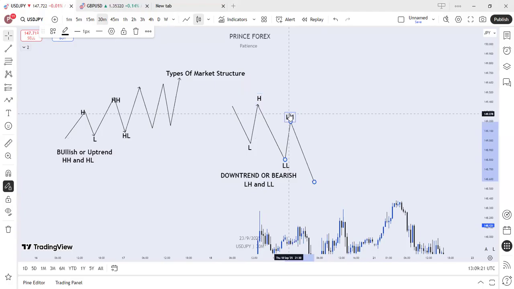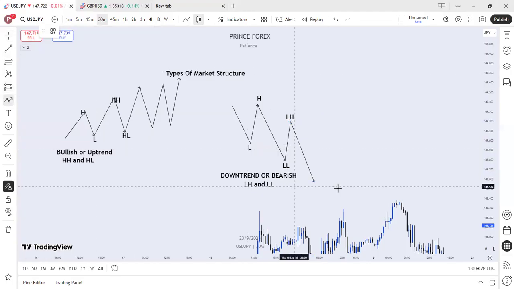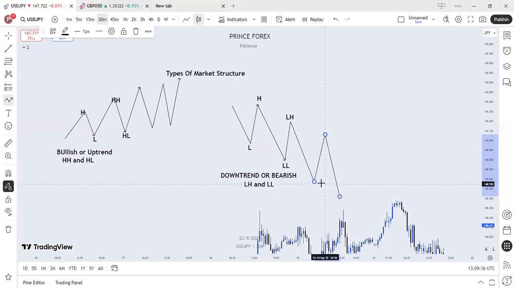It is lower than this high. That is why we call this a lower high. So the next A-shaped and V-shaped formed. So this one here will be my next lower high. And then this will be my next lower low. Right. So that is it for a bearish market.